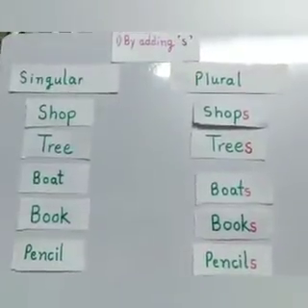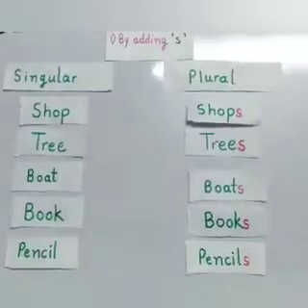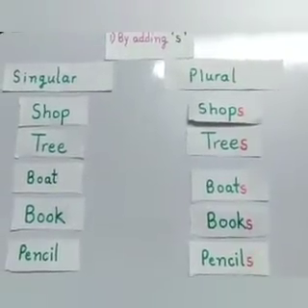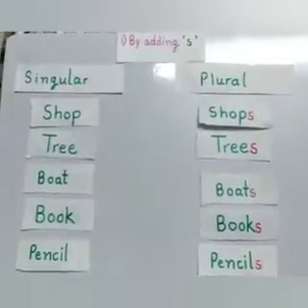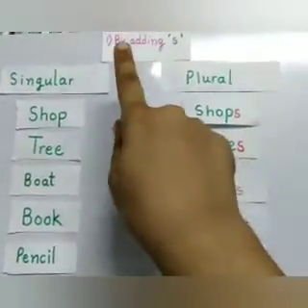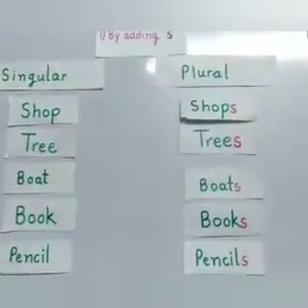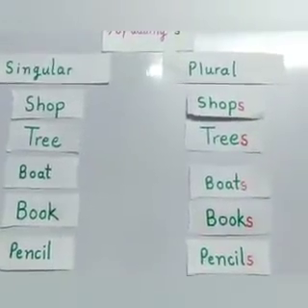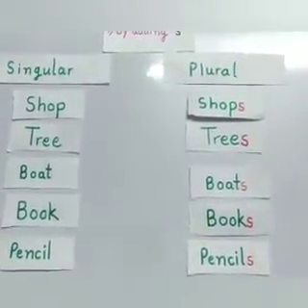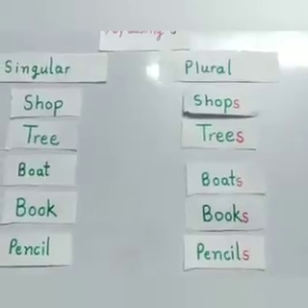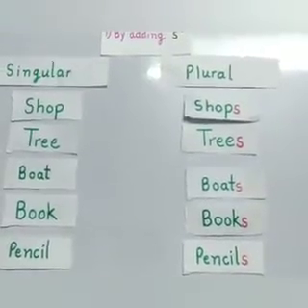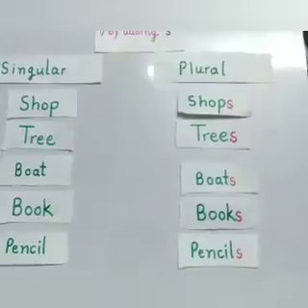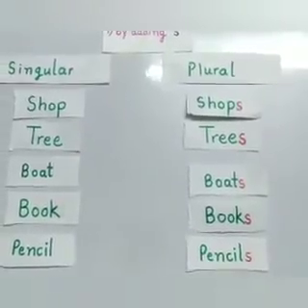So kids, the first way of changing a singular naming word into a plural naming word is by adding s. So here we have some singular naming words, and I have already told you that singular naming words refer to a single person, animal, or thing.